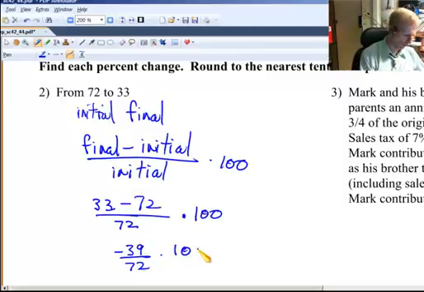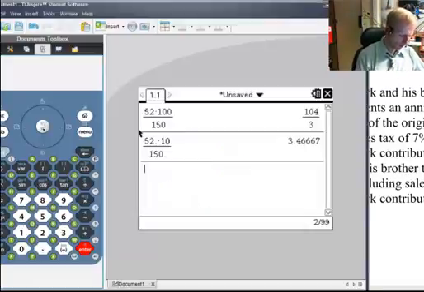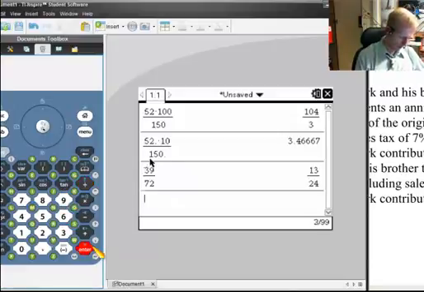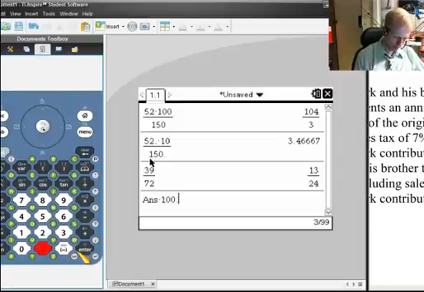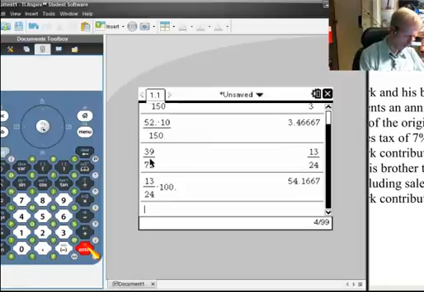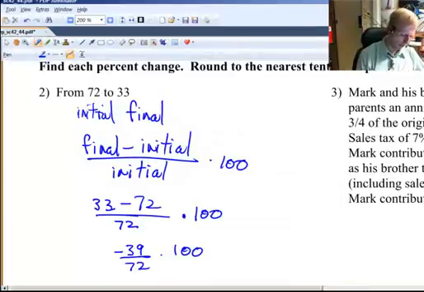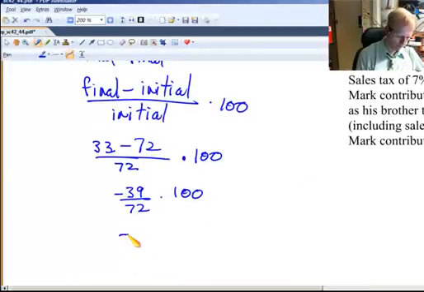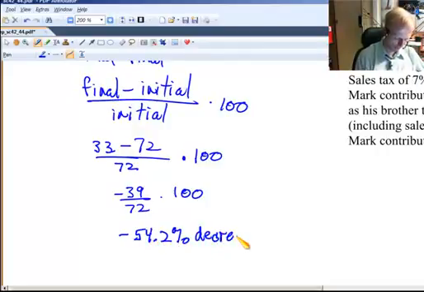Alright, so I need to do 39 over 72, and then I need to multiply by 100. So 39 divided by 72 is that, and that times 100 gives me 54.2. And that's negative 54.2, so now I have a decrease. And I'm all set.